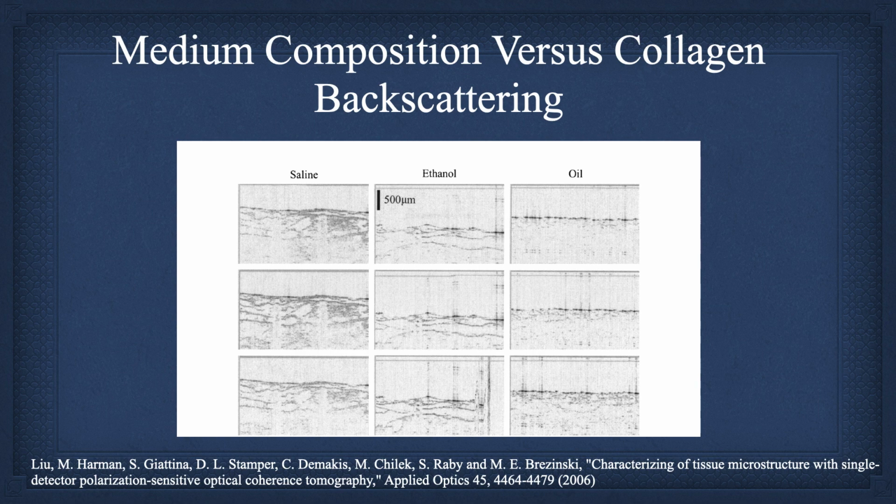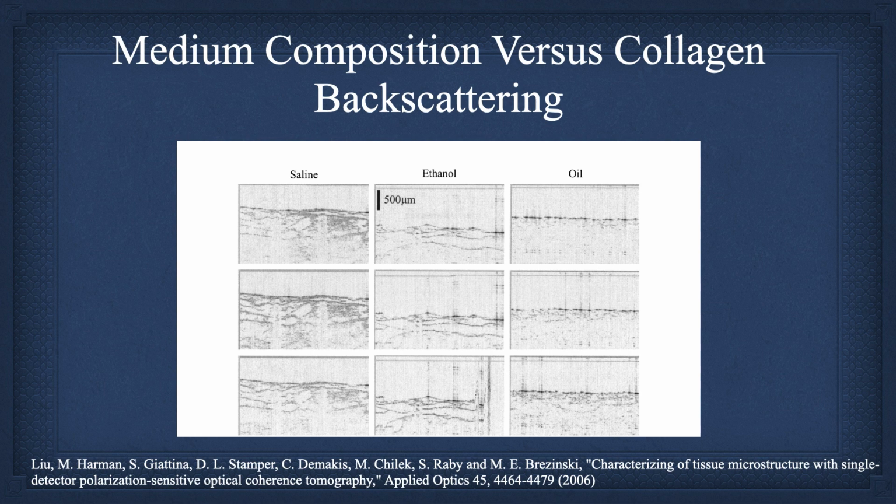The back reflection intensity was much higher for the same amount of collagen in saline than it was in oil. And we go to these studies that are looking at layering. So in theory, you can have the same amount of collagen type I in two different layers. One, though, is more lipid.